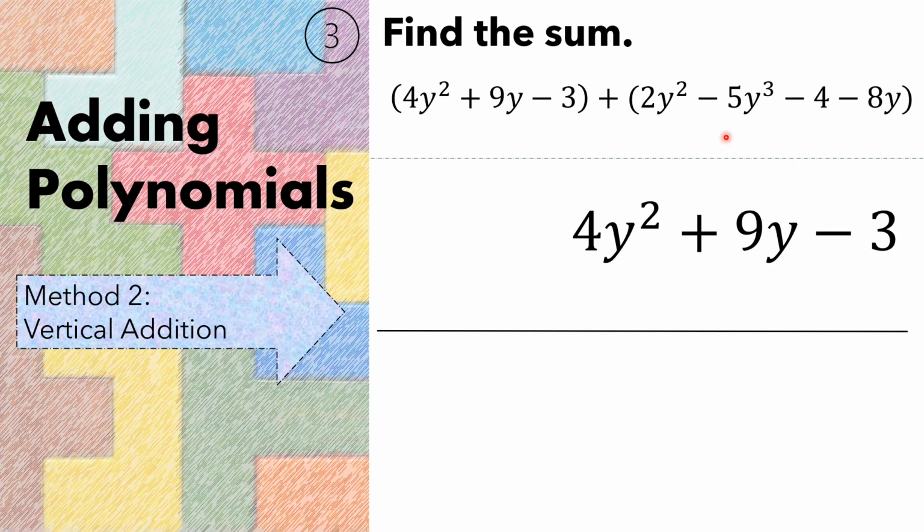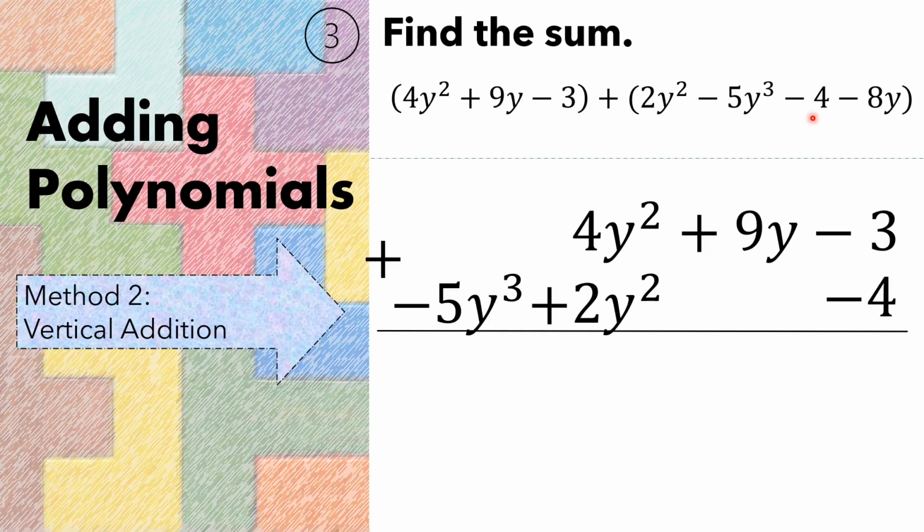Let's start with positive 2y squared under 4y squared. Next is negative 5y cubed as the leading term. And then negative 4 under negative 3. And then negative 8y under positive 9y.